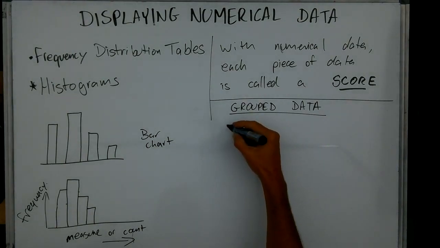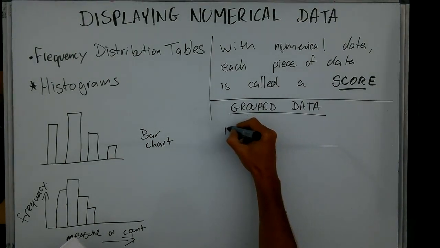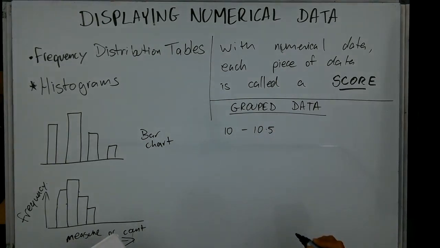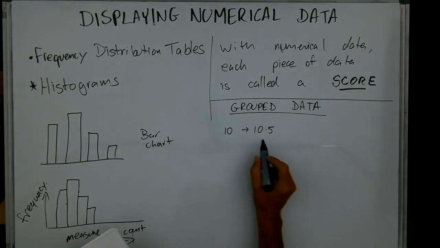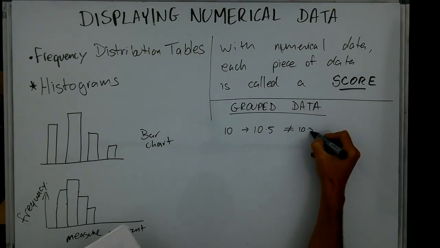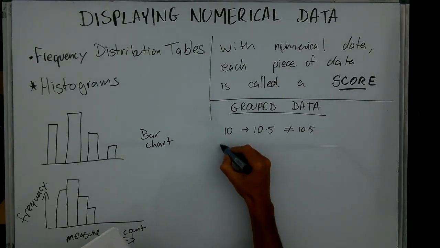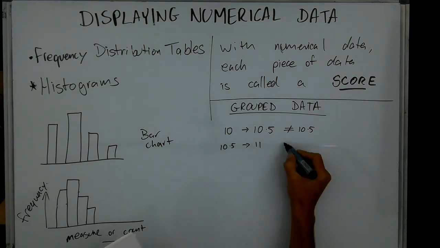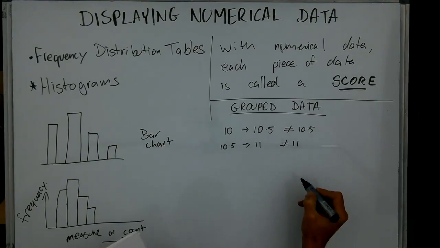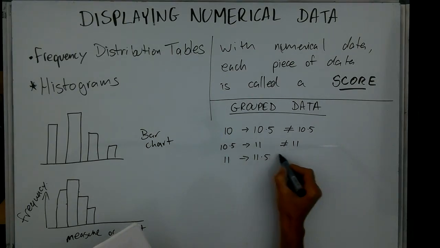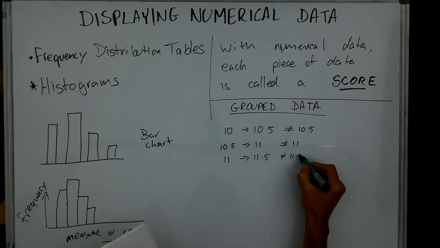So the quickest times go from 10 seconds to 10.5 seconds, but that doesn't include 10.5.